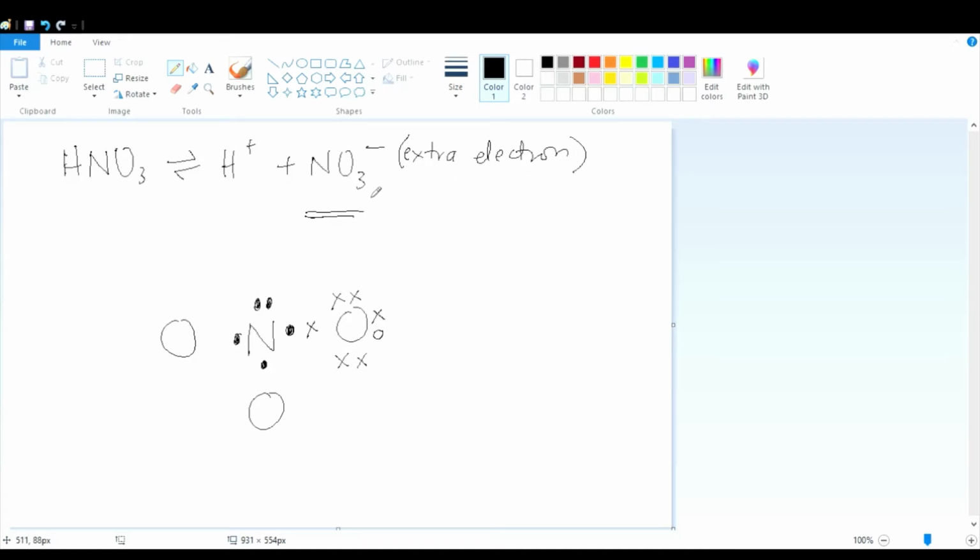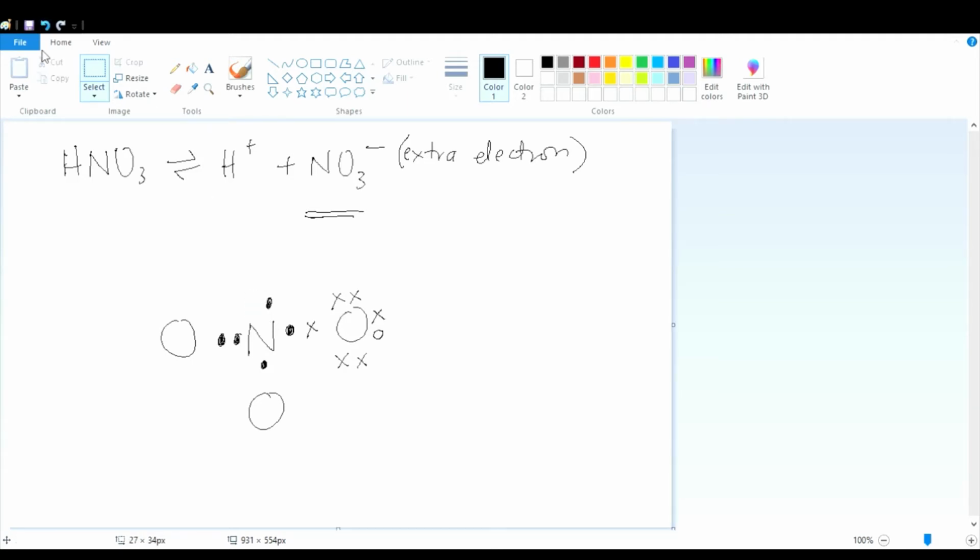Okay, and then we draw the dative bond here. So we need to move this one over here. So now I'm going to delete this electron over here.